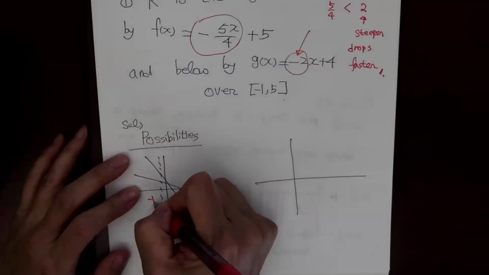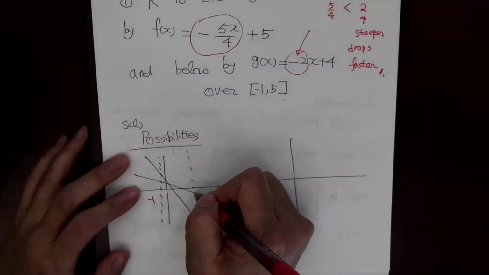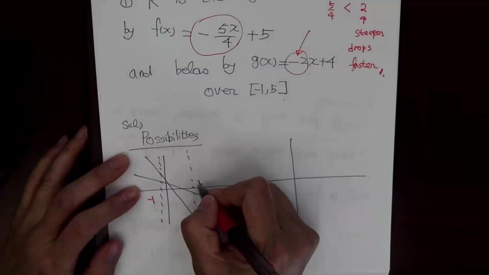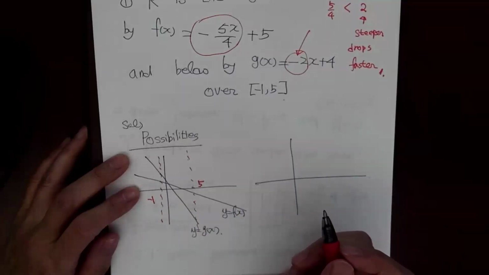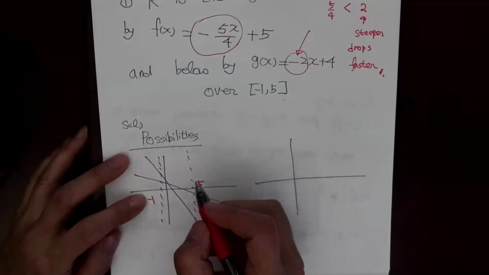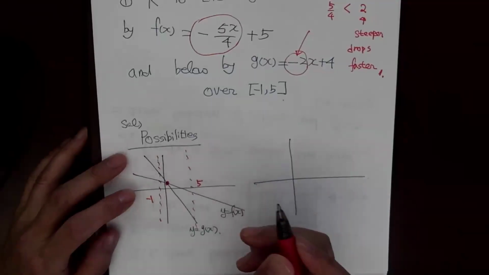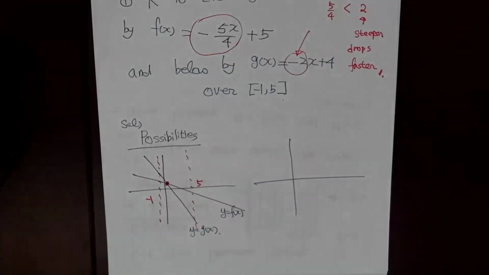And then here is minus 1. Here is 5. In this case, the intersection point is happening between minus 1 and 5.